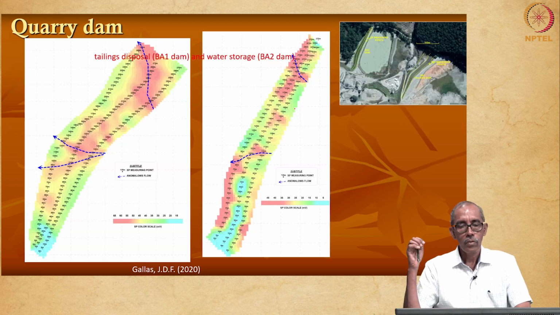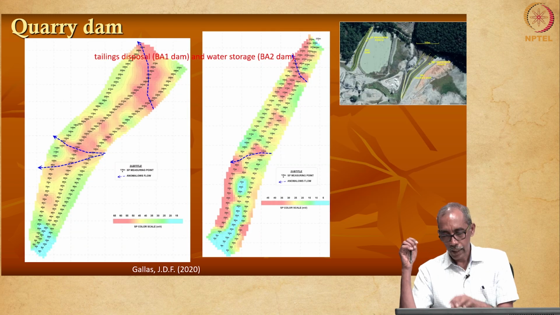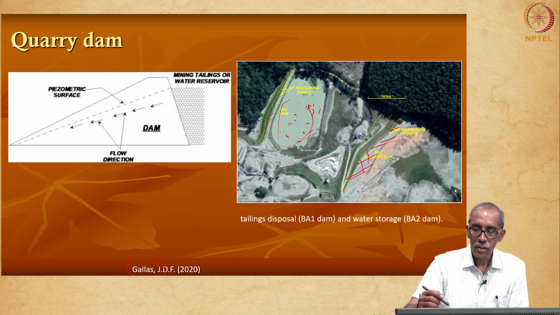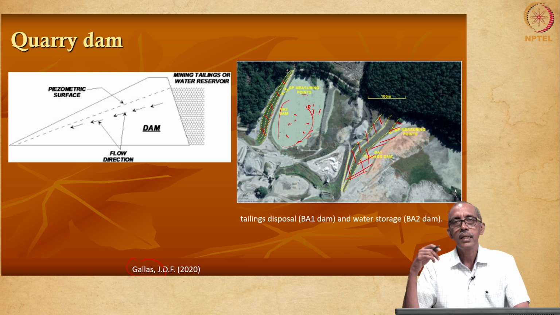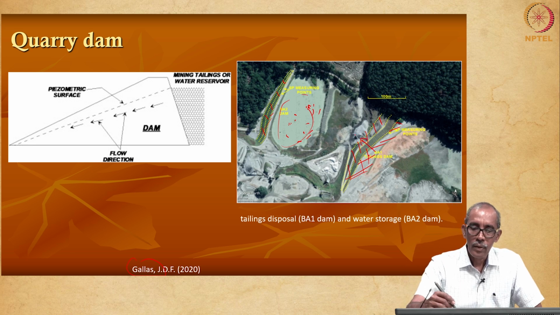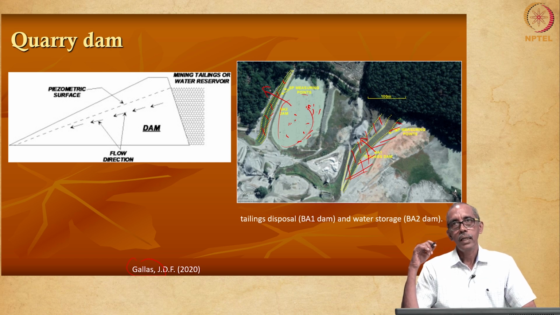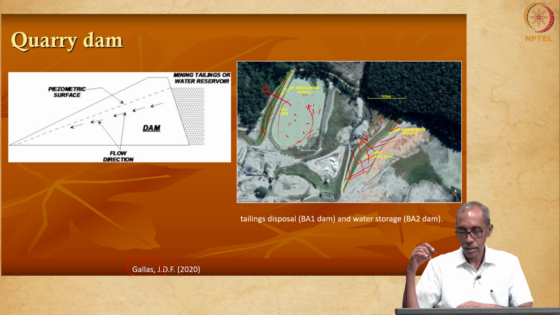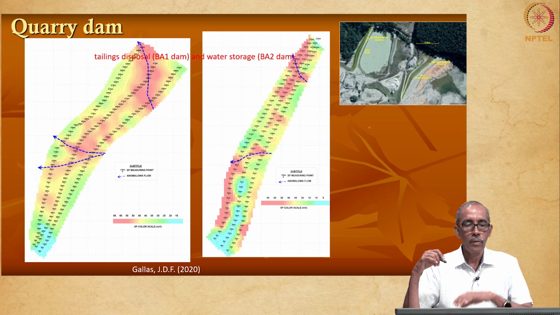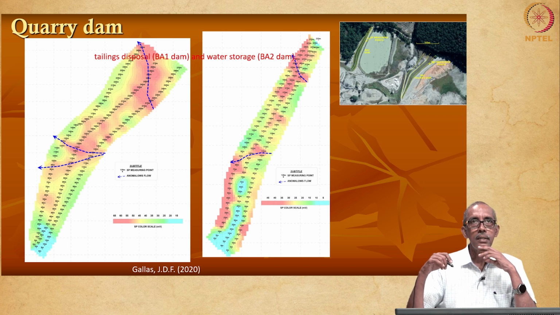In this zone they had conducted a cell potential survey, mainly to understand whether there is any leakage from the tailings as well as from the fresh water reservoir. All these yellow dots are the locations along which the cell potential survey has been carried out. So, here are the results.